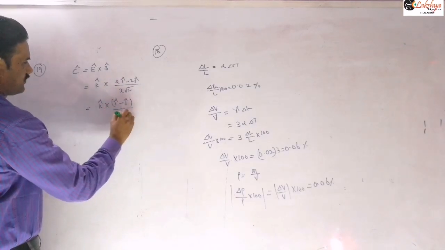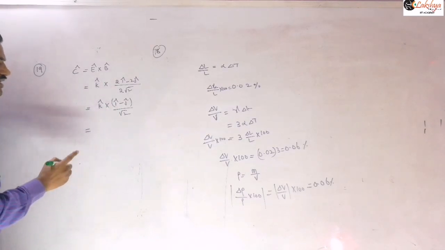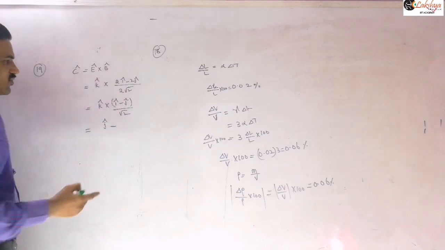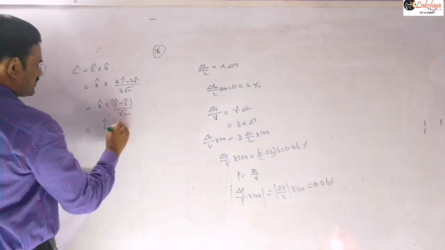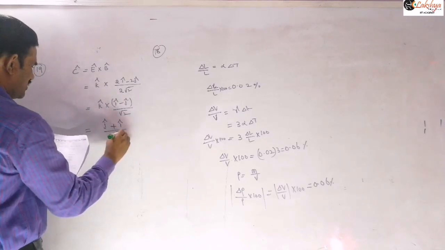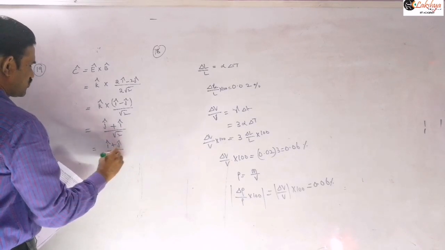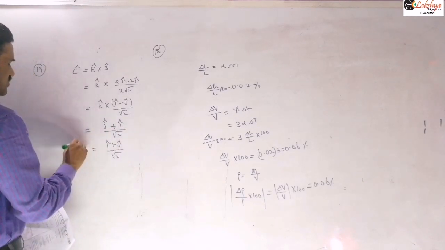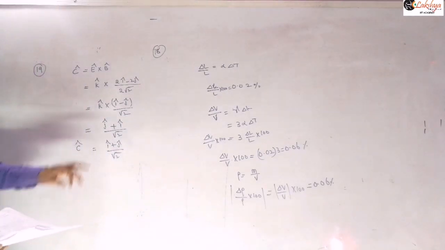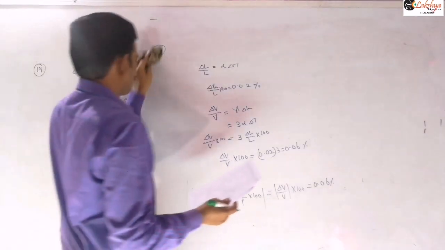Just do the cross product there: k cap cross i cap is j cap, and minus k cap cross j cap is plus i cap, that means minus of minus you will get plus i cap. So the unit vector is i cap plus j cap by root 2. So this is the direction of propagation of this wave. You simply need to remember, direction of propagation of the wave is in the direction of E bar cross B bar vectors.